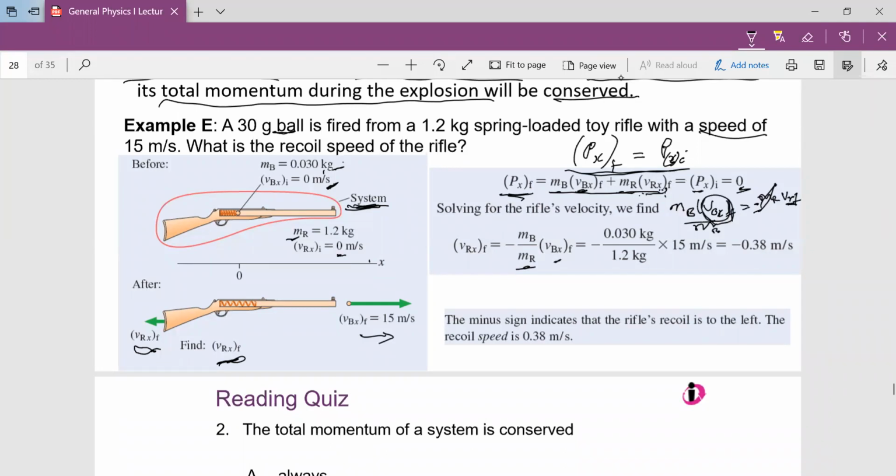Now this negative sign emphasizes direction, which you can see from the picture: the rifle moved in the negative x direction. Otherwise, the magnitude is 3.8 meters per second. So we substituted directly with the information provided to get the final answer.